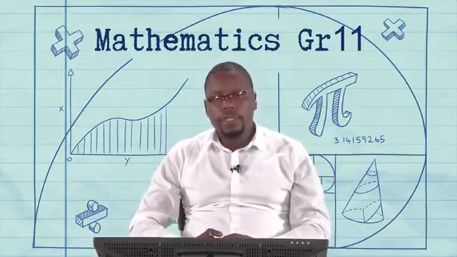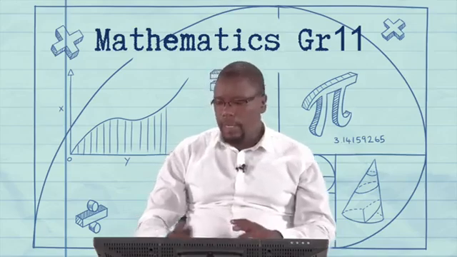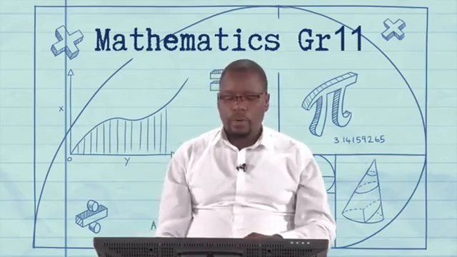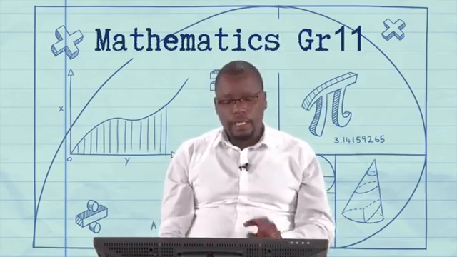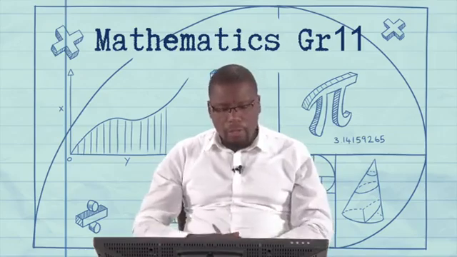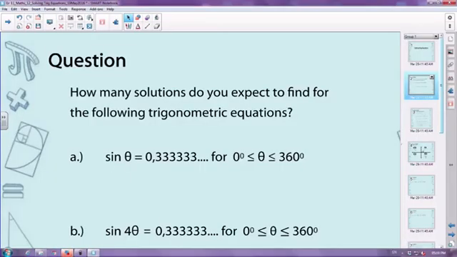Today we'll be solving trig equations. But in the meantime, I'm just going to pose a question that we're going to be answering during the course of the session. How many solutions do you expect to find for the following trigonometric equations?